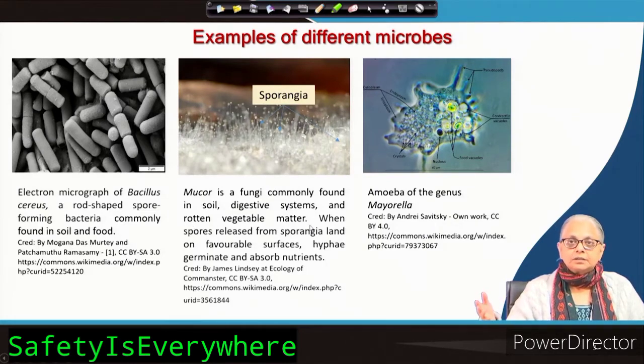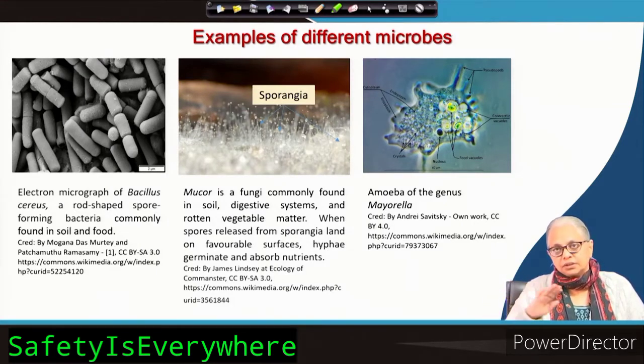And I can tell you from experience, if you leave anything out on the table when the weather is warm and humid, what you will find within 24 hours is growth of a fuzzy layer at the surface of the food. Leave it outside, not in the fridge. Leave it outside at ambient temperatures. It should be warm, it should be humid. You will get this fuzzy whitish layer on the surface of food, and that is basically what mucor is.